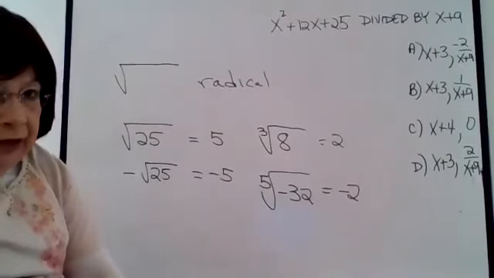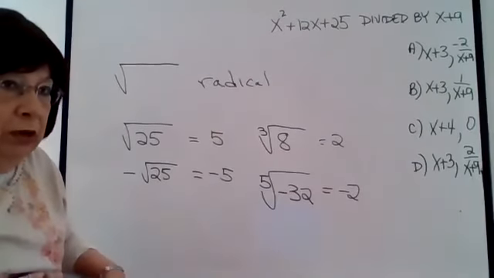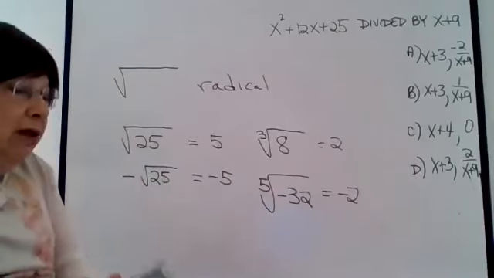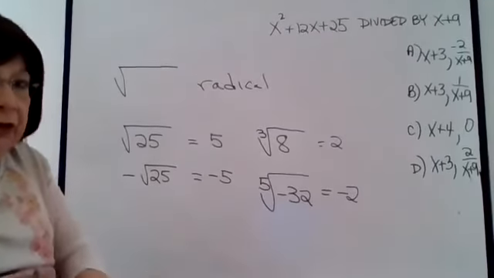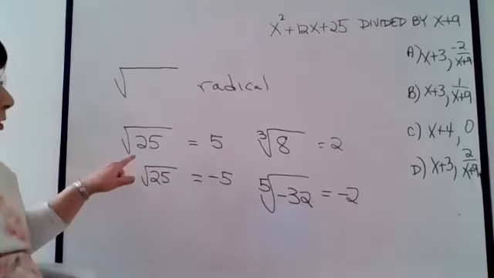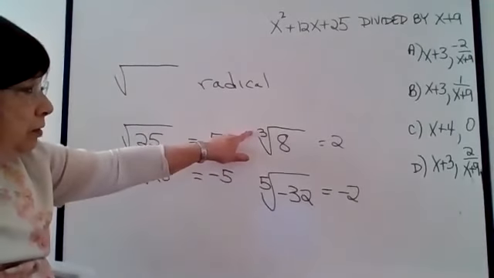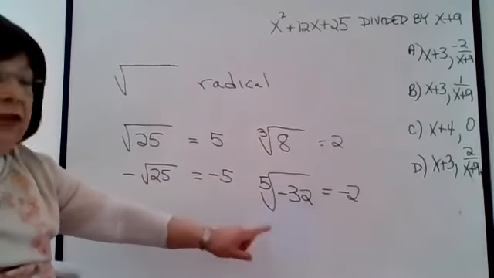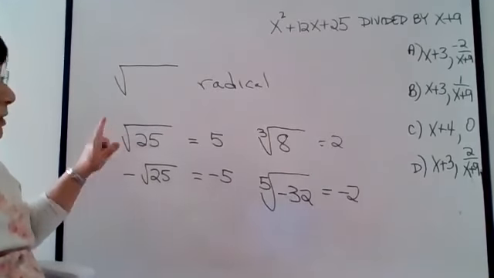From now on, not only will you be allowed to use a calculator, you're going to have to use a calculator, because we're not going to be doing too much with third or fourth or fifth roots, but we are going to be doing a lot with square roots.